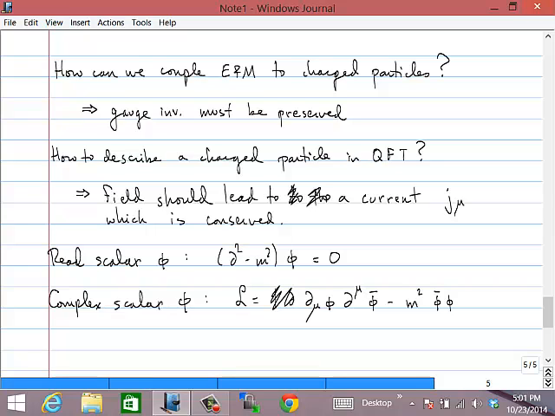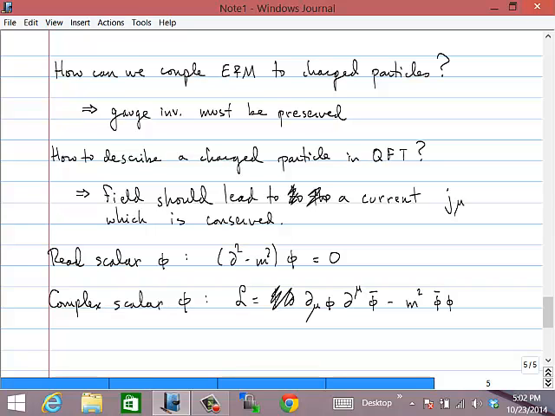Okay. And one of the things that I think you verified on an earlier problem set is that if you divided phi into its real and imaginary part, so that phi is phi 1 plus I phi 2, then this Lagrangian would precisely be the sum of the Lagrangians for two real scalar fields, phi 1 and phi 2. Did you do that on one of your problem sets? I gave that to you? Okay. So a complex scalar field is just a fancy way of writing down two real scalar fields.